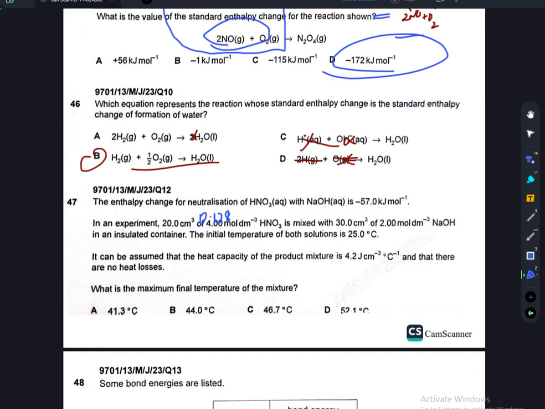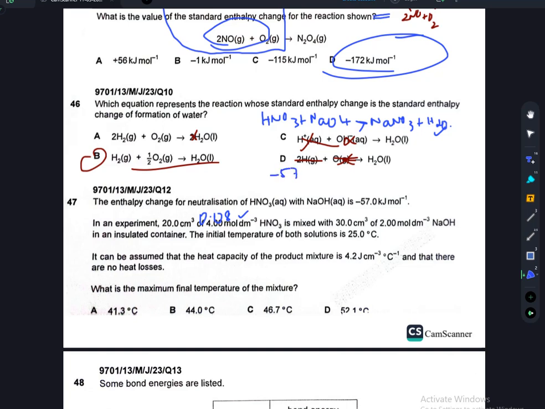Okay, so enthalpy change of neutralization. Write the balanced chemical equation. First of all, HNO3 plus NaOH gives NaNO3 plus H2O. So if we have 0.08 moles of HNO3, then we have 0.08 mole of H2O. Calculate the enthalpy change for 0.08 moles of this.